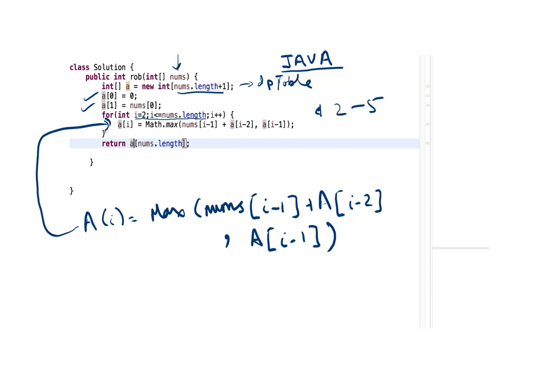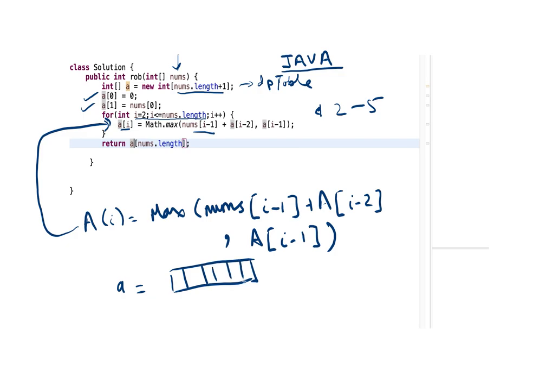If you are wondering why there is this 1 unit difference between nums and A, this is because our DP table array is of a size which is one more than the number of houses on the street.